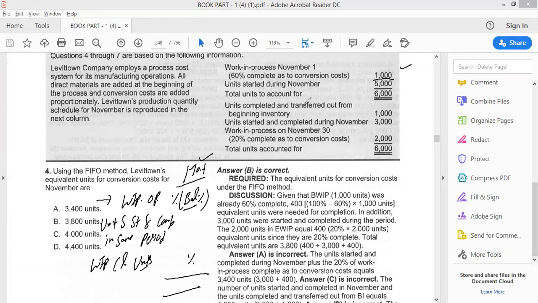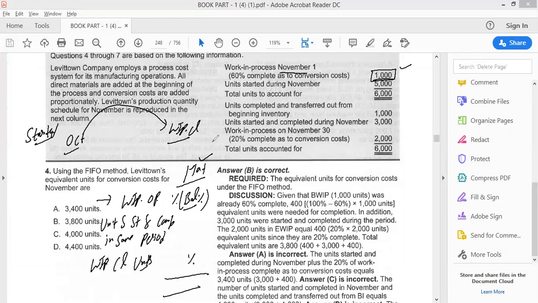Here, this is the work in process of November 1, meaning it is the opening of November 1. These 1000 units we started in the month of October. That's why these units become the work in process closing for the month of October.